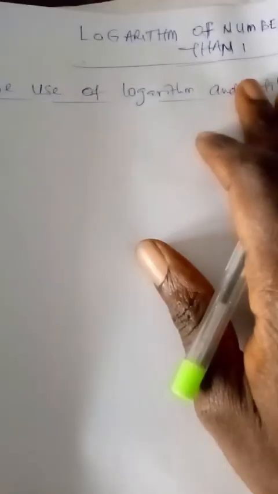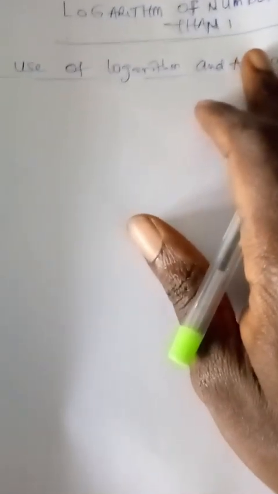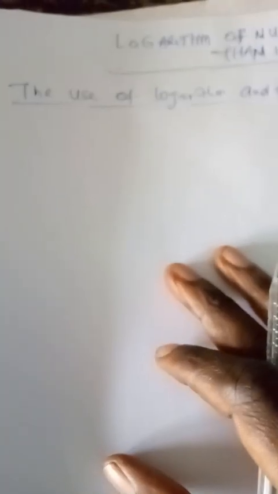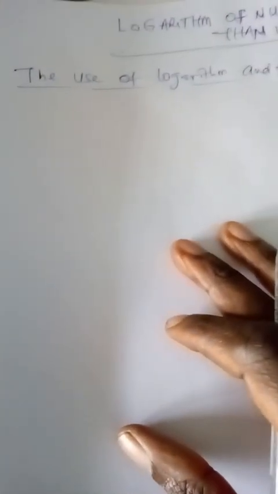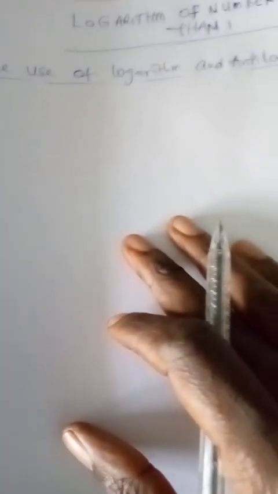Now the first thing that we will do before we begin to take examples of this class is to see how to use the logarithm and antilogarithm table. Before we go to this, let's talk about how we get this logarithm table. It can be found in other mathematics tables or materials, at the back of mathematics textbooks.